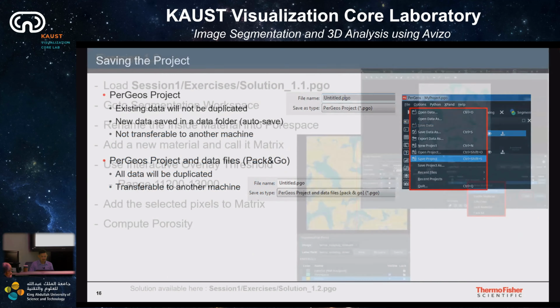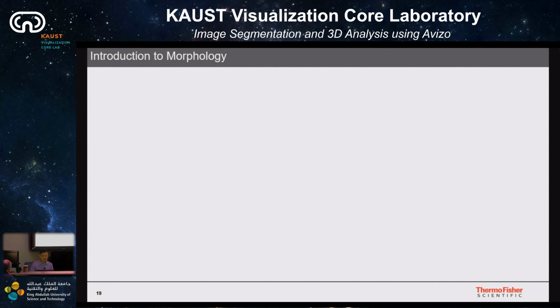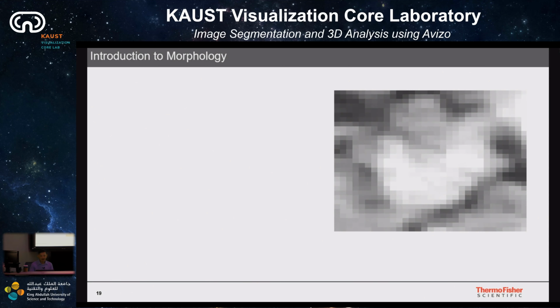And just quickly on image processing theory. I think this is really important to understand. If you look at an image, usually when you acquire an image, let's say a city, what you capture is just intensity, and when you look close enough into the image, you can see that the image is composed of pixels.